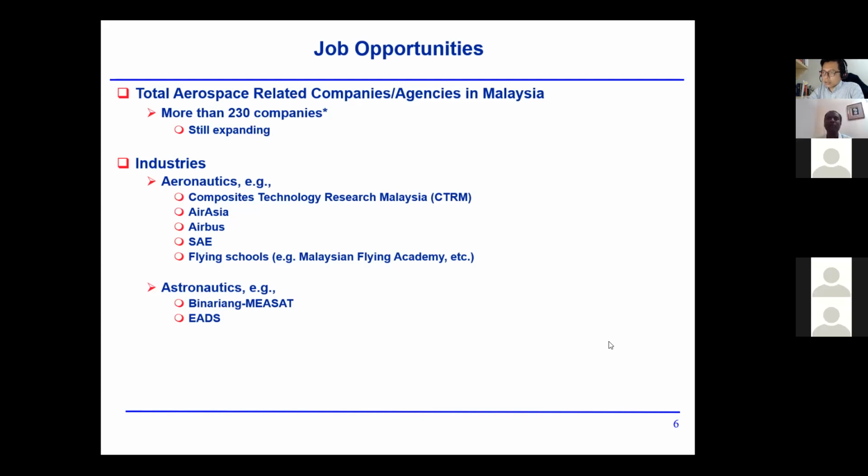The global aviation industry is deemed to recover by 2023. So give it a year, then you guys have another 4 years, so you are fine. By the time you graduate, I think the industry would have picked up and be going towards another spike. So you still have time.